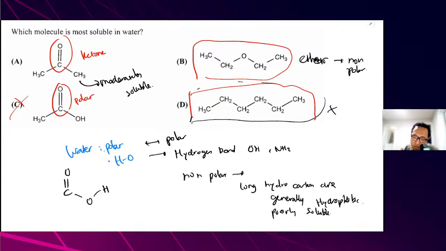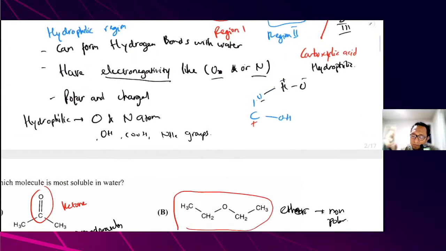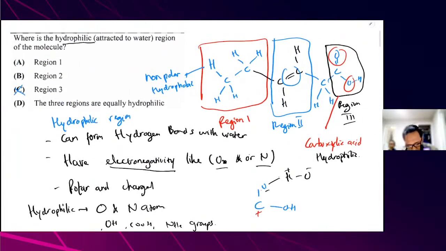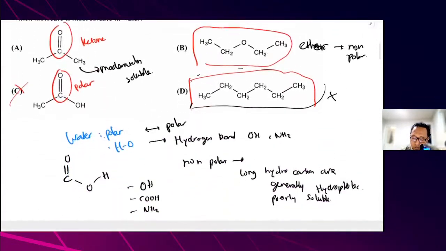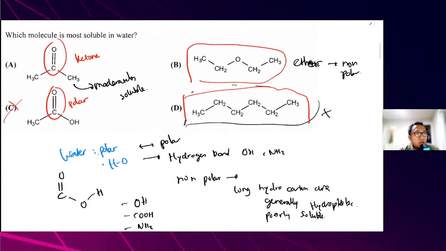So when we are looking at water solubility, always look for OH, COOH, and NH2. It's still the same concept as the previous question: the more polar, the better it mixes with water.